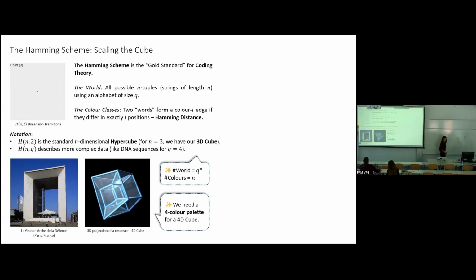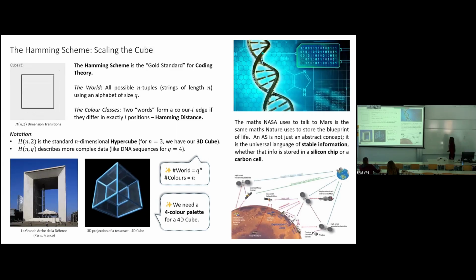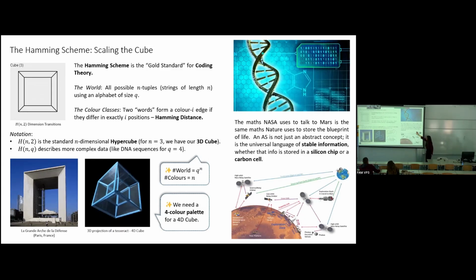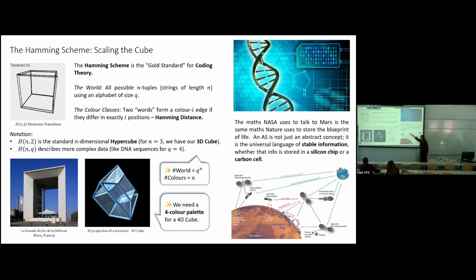Now, because till now we just talked about mathematics, I'm saying that this association scheme is not abstract at all. It's in everything that surrounds us.